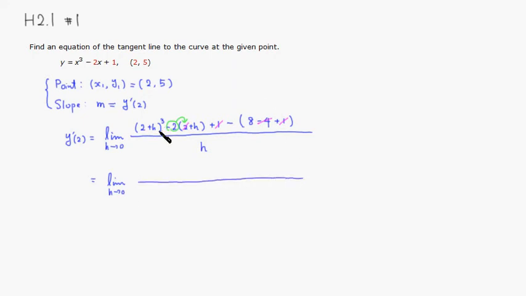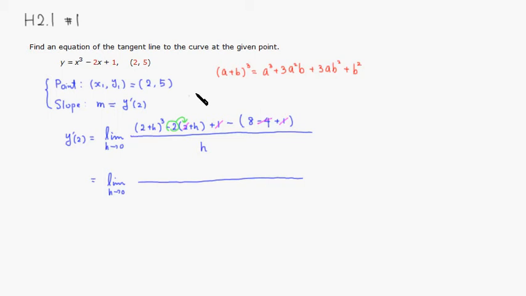When you multiply this out, if you have (a plus b) cubed, this can be expanded as a cubed plus 3a squared b plus 3ab squared plus b cubed.